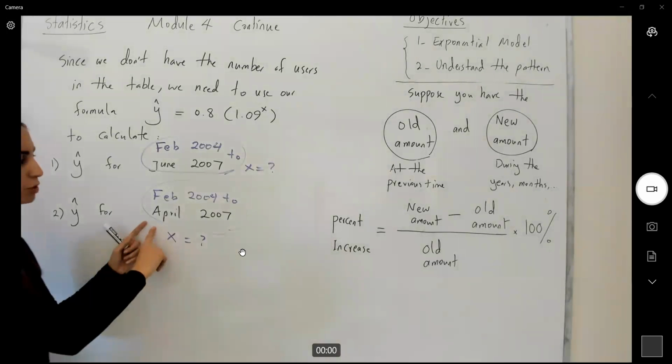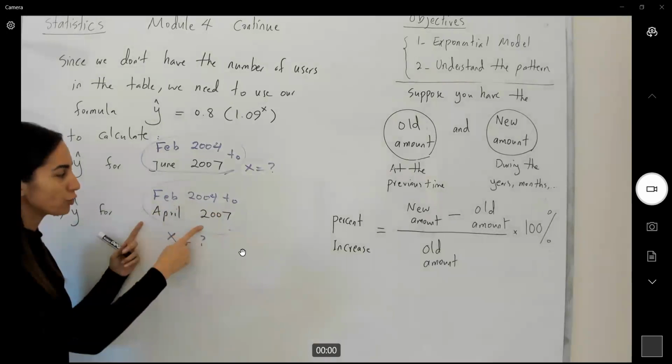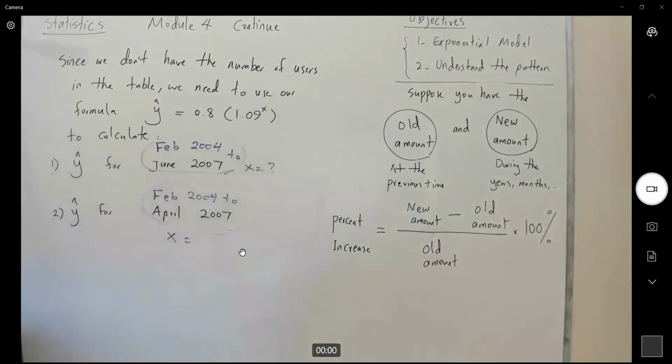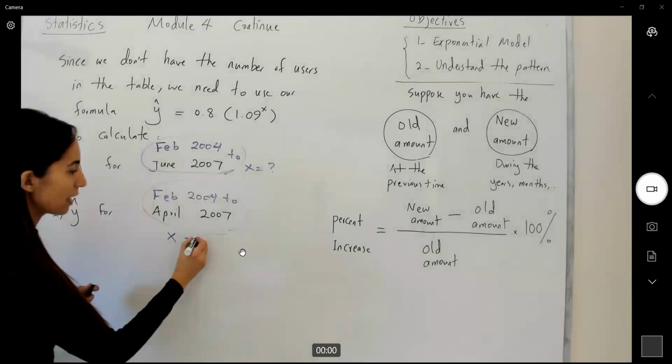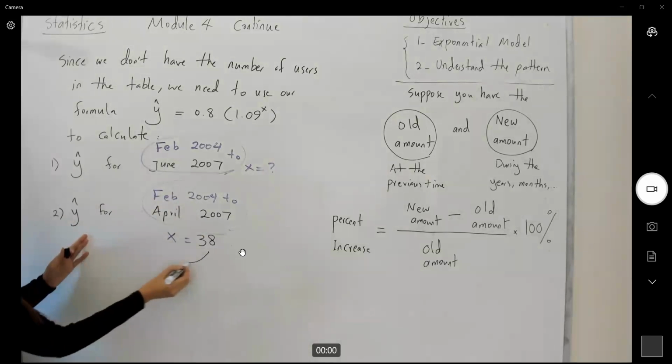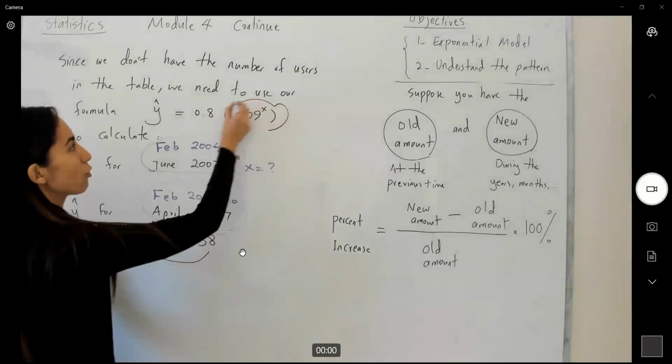So April 2007, since February 2004 to April 2007, how many months do I have? What is my x? My x is equal to 38. What is my y hat? When x is 38, I'm going to use this nice formula.